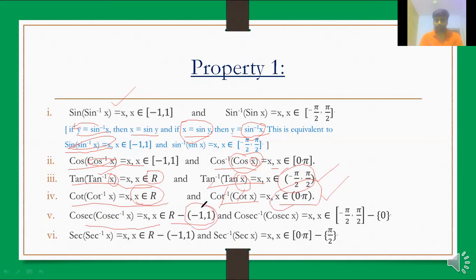We should not substitute values from -1 to 1, since they are not in the domain of cosecant inverse x. Here also we check minus pi by 2 to pi by 2 except 0, because sine 0 is 0, so cosecant 0 is undefined. For that reason 0 should not be included for cosecant. Clear? This also we can remember.